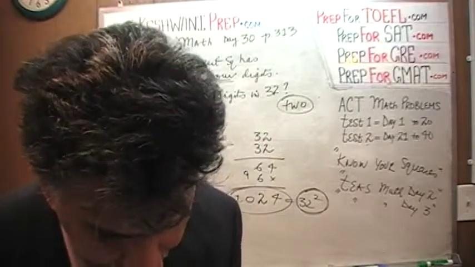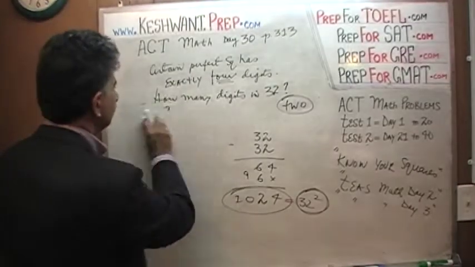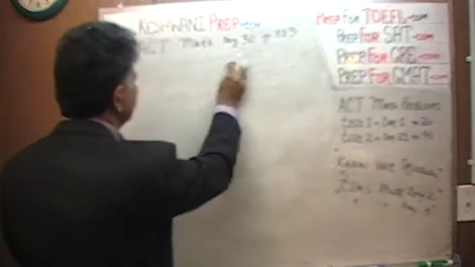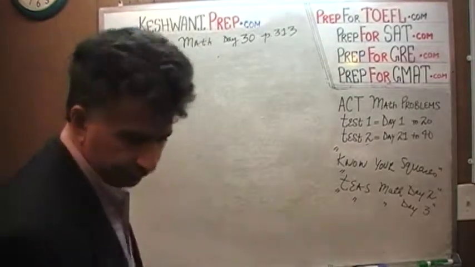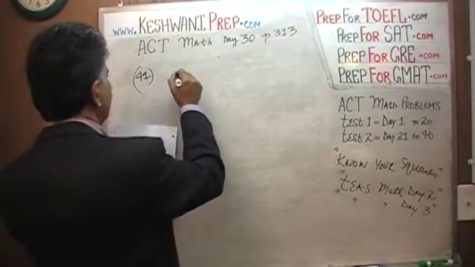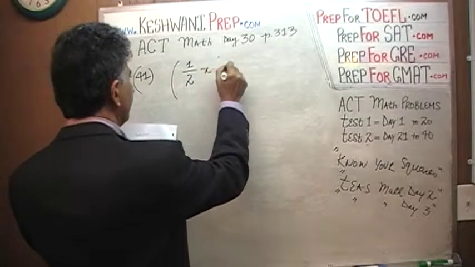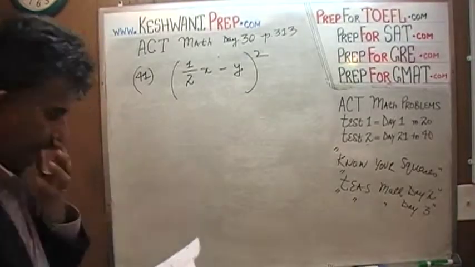Let's move on then. The very last one on page number 41. In number 41, we are simply asked to find (1/2 x minus y) squared.